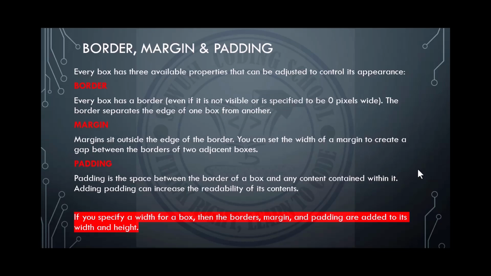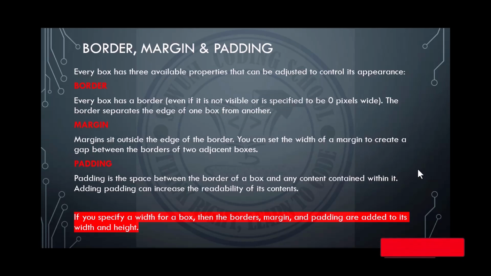The padding is the space between the border of a box and any content contained within it. Padding can increase the readability of its content because it creates a space between the border of the box and the content within the box.